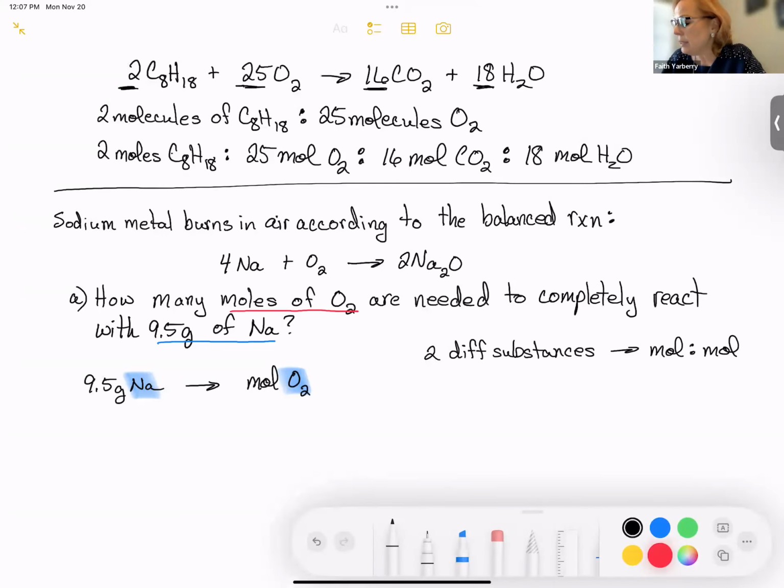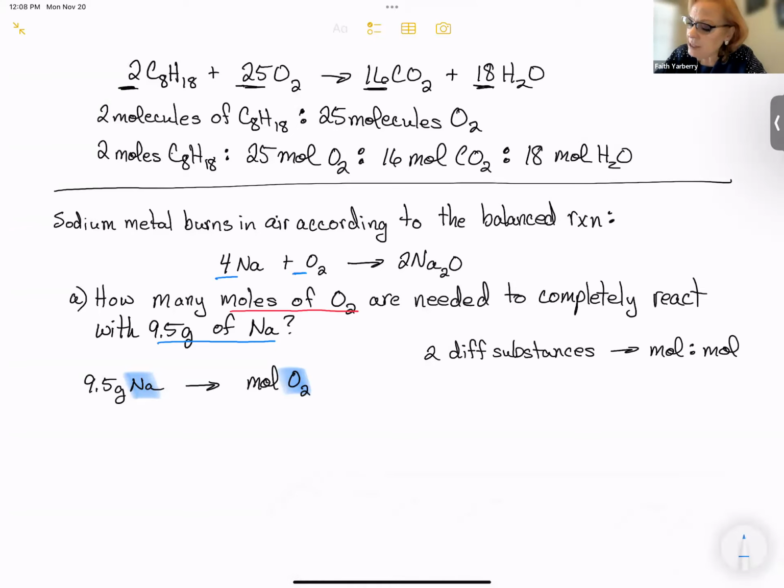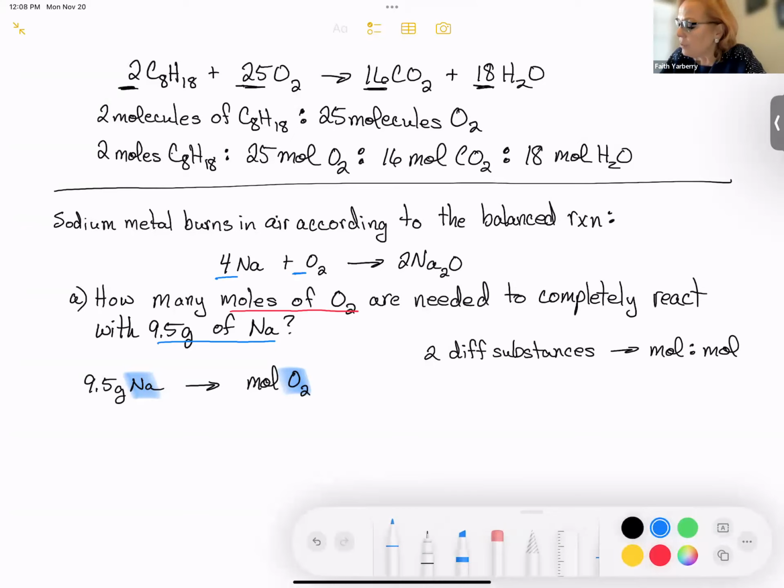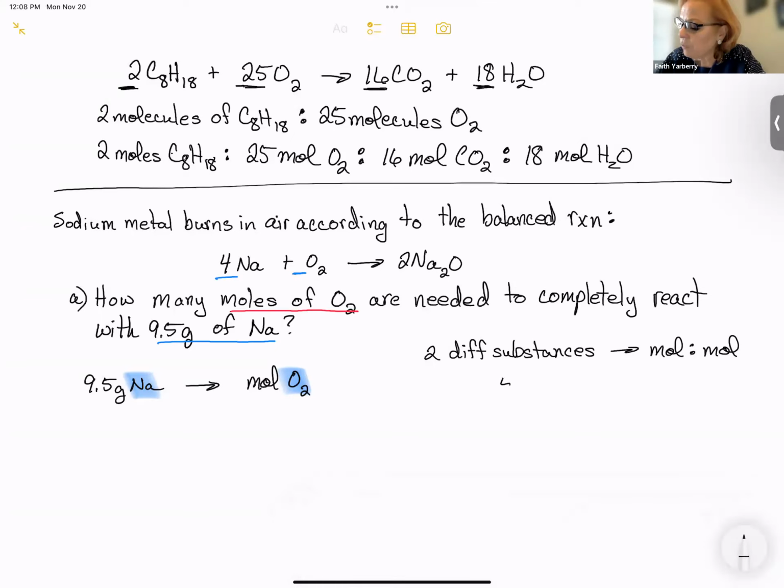And this one is going to specifically come from the coefficients of the balanced chemical equation, which according to this, for every 4 moles of sodium that react, we need 1 mole of oxygen.